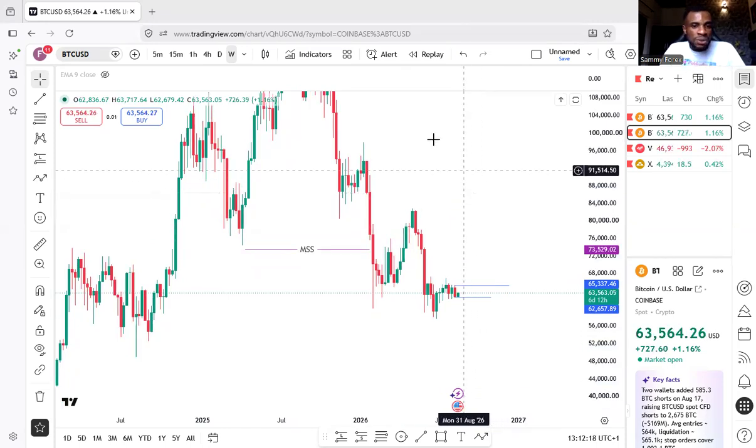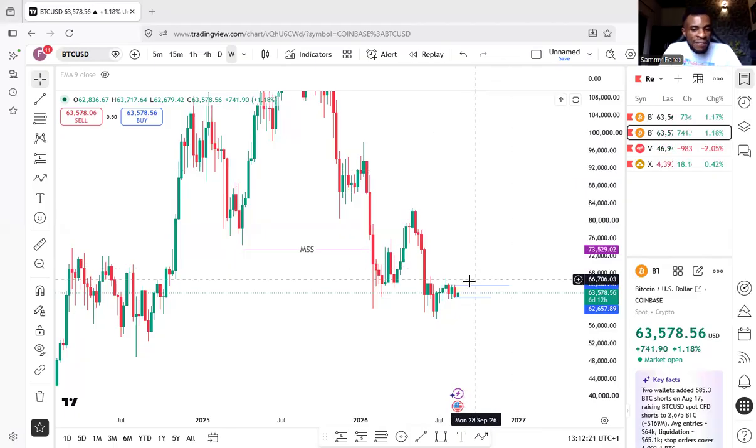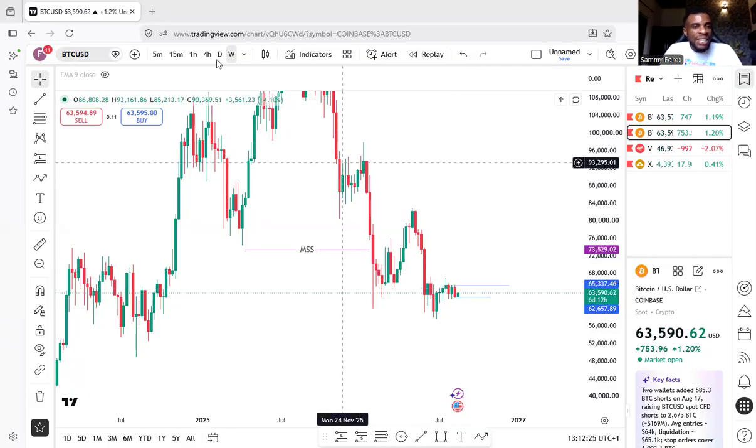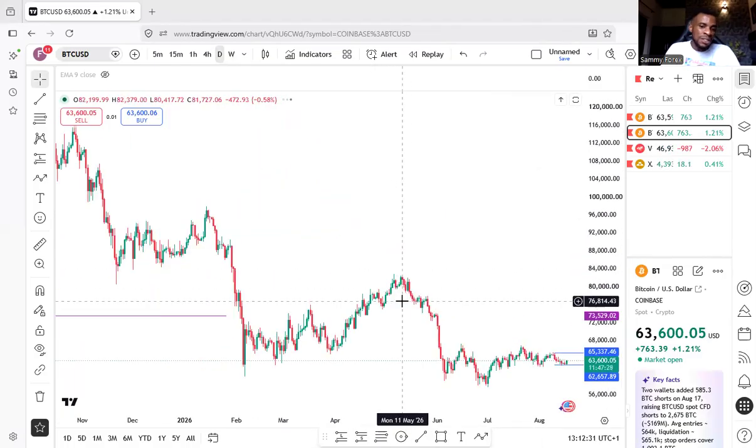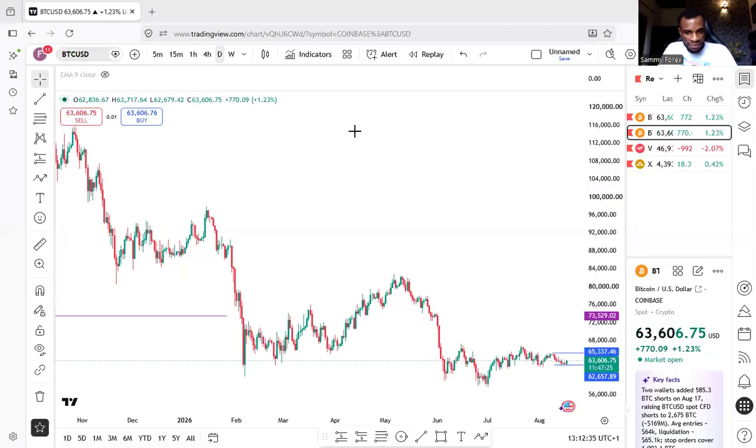After that, you move to your daily time frame, after marking out the previous weekly high and previous weekly low, because that's the main direction of the market. In your daily time frame, what direction do you think BTC is in? Is it a downtrend or an uptrend?